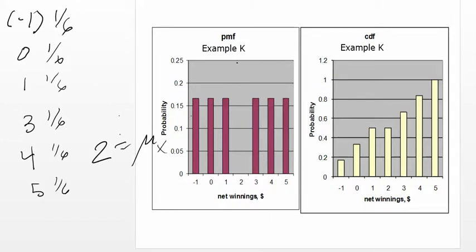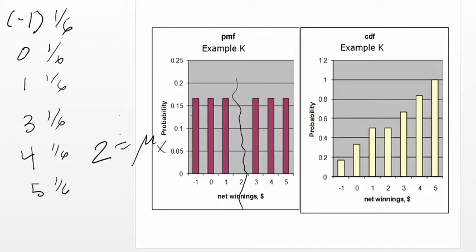Does that make sense? Actually, it does. You may recall that when introducing the mean, I mentioned that if we have a symmetric distribution, the point of symmetry is the mean. And if you look at this, it's symmetric about the value net winnings equals 2. So we shouldn't be surprised that our mean value came out to be 2. Notice that that's not even a possibility.